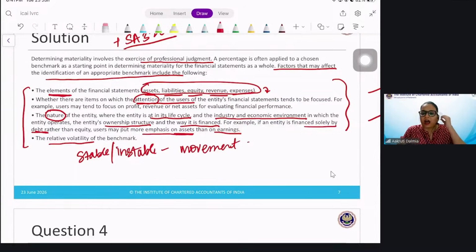So if I say it's highly volatile, it means extremely unpredictable. Is that clear? You can also write unpredictable. High volatility means highly unpredictable. Low volatility means more stable.